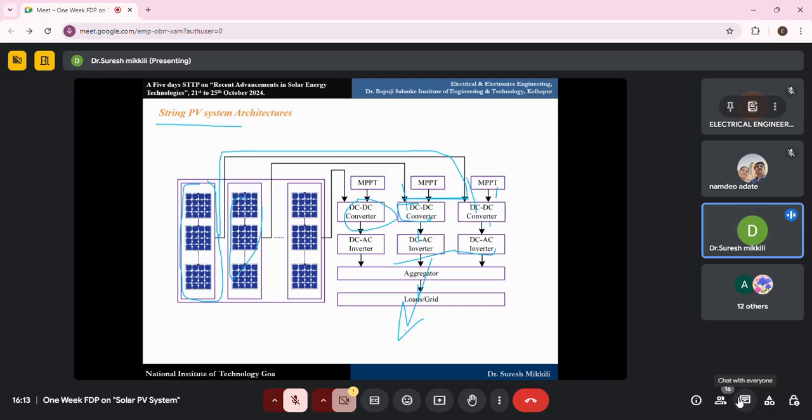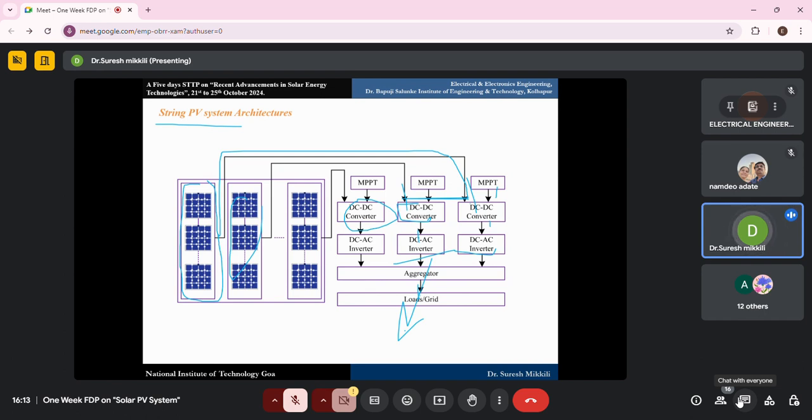But here again, string integrated converters also have a limit. Why? It can't be used for solar parks. It can be used for commercial buildings, up to some medium level ratings.